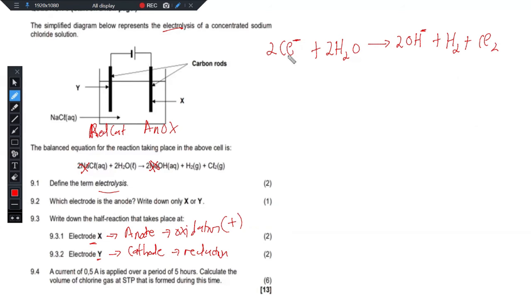If we look at Cl minus here, it had a -1. And then now it has what? 0 here, because it's now a diatomic molecule. The -1 is to 0. That means we have oxidation taking place here. That's an increase in oxidation number. So that means electrode X must be the one that shows us our chlorine.